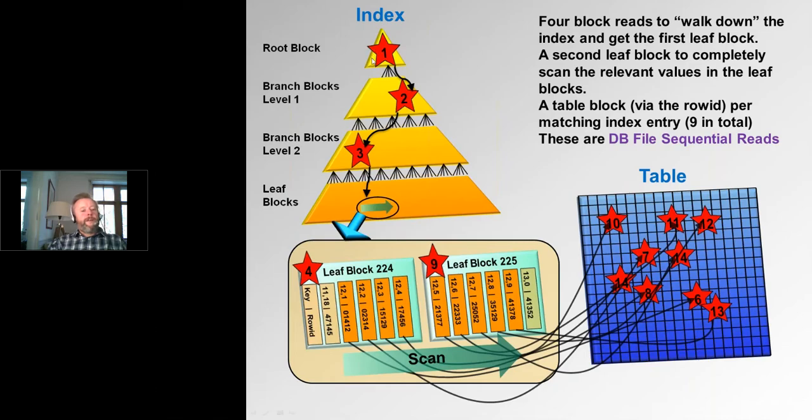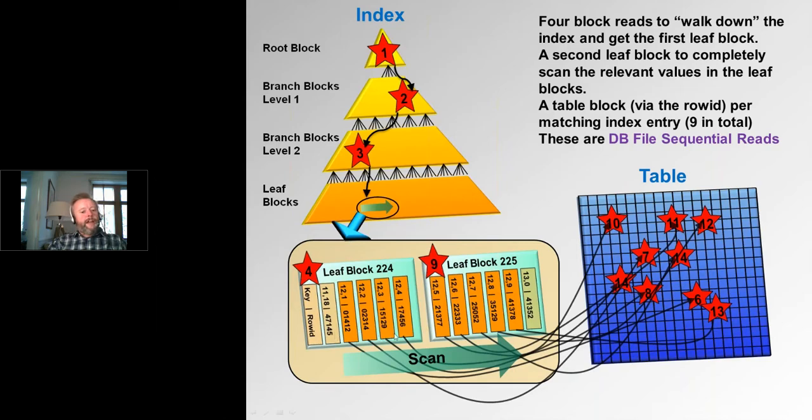So you give it the values, Martin Woodlake, it'll look in the root block, go down to the branch block, go down to the branch block, get to the bottom, and it will find the first entry. And it will go to that entry in the index and look up the block in the table. It will get the next entry and look up the next record in the table.